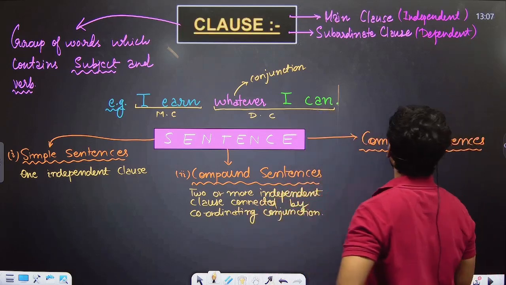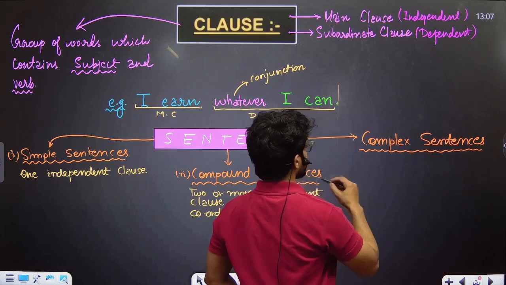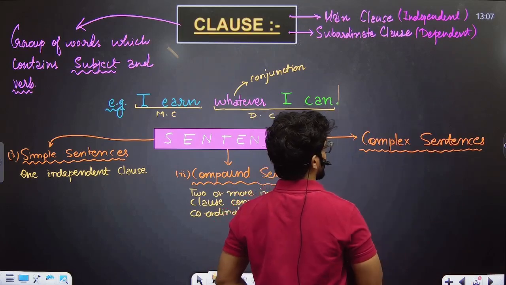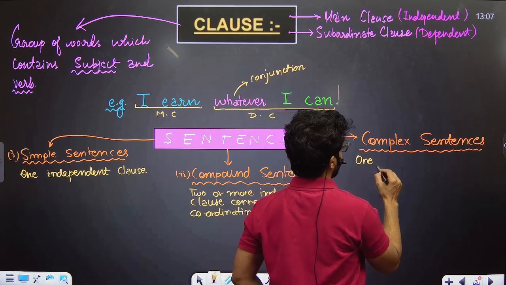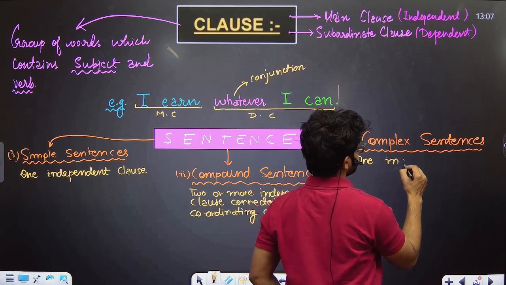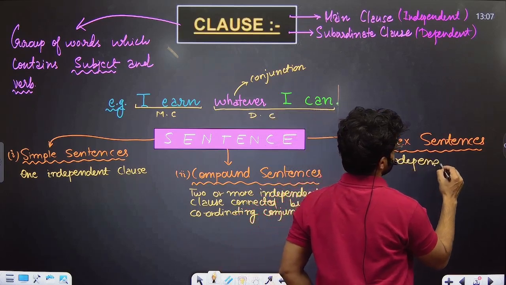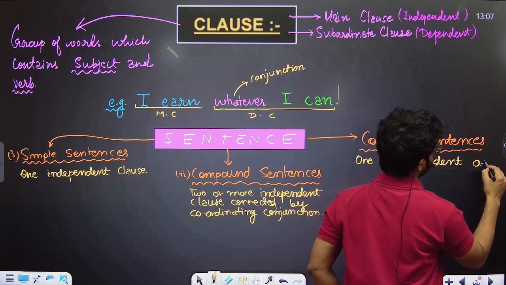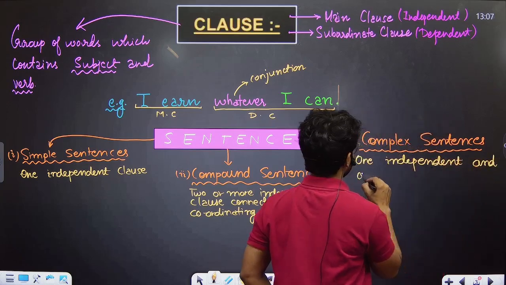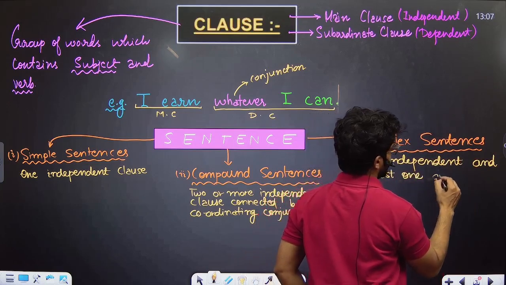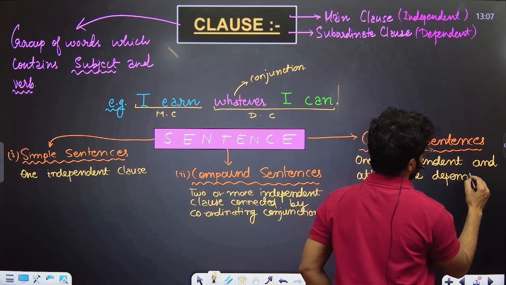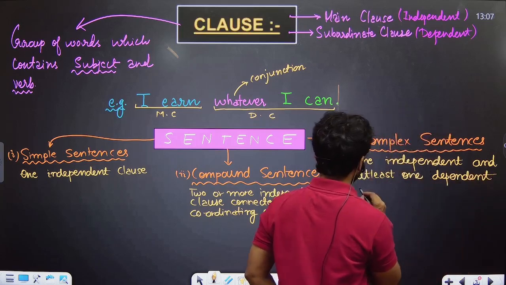In the case of complex sentences, what do we have? We have one independent clause and at least one dependent clause.